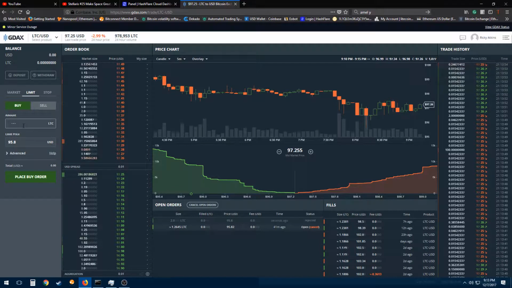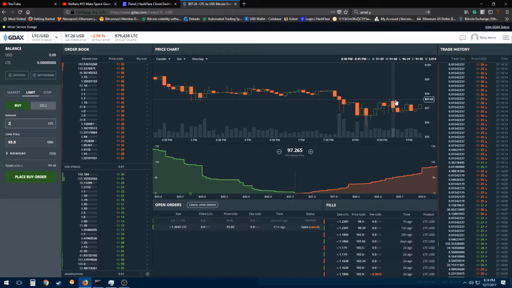Let's put 0.2. If I'm buying at 95.80, it's going to cost me 91.60 to make that. But here's a good way to, that'd be 0.2 Litecoin. So let's say I want to sell it at 97.62. Now mind you, I bought it at 95.08 or 95.8.